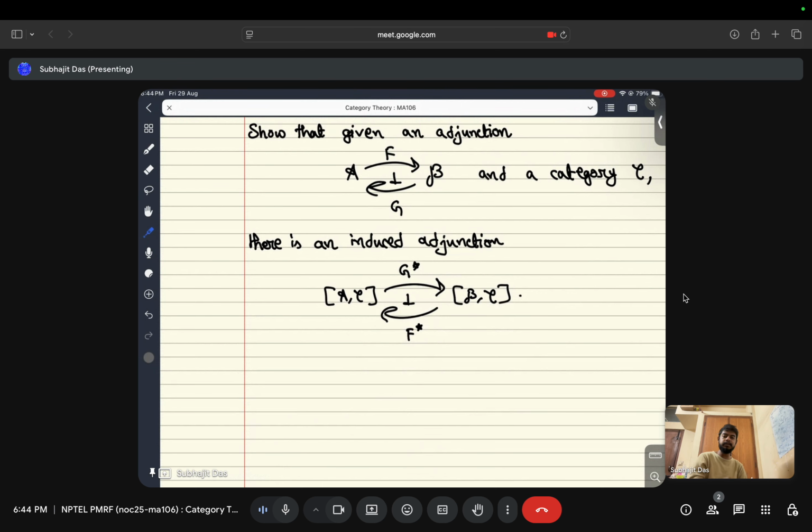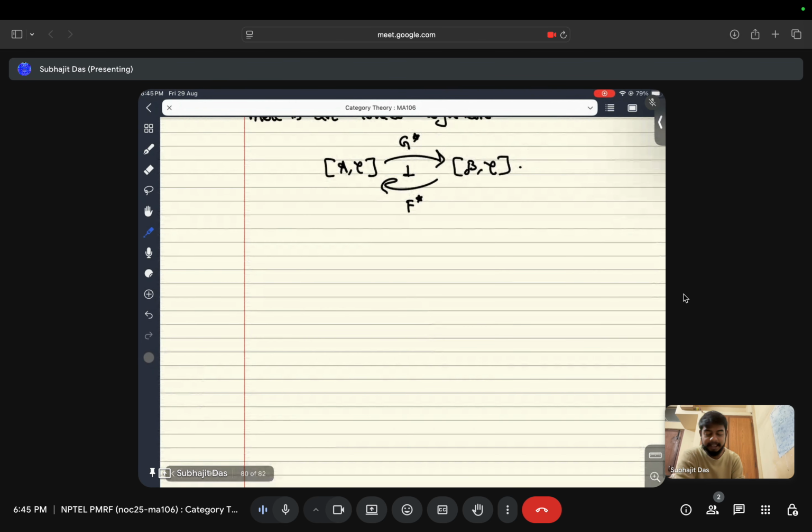You have an induced adjunction between these two functors, but now G upper star turns out to be the left adjoint and F upper star turns out to be the right adjoint. So this is something which one can expect, something which is a bit natural actually. We'll get to why I am calling it a bit natural or something one can expect.